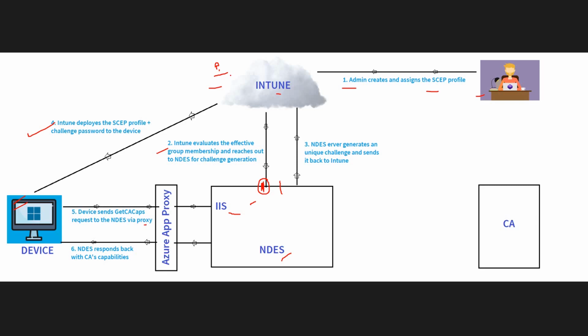So when you create a SCEP profile, you have to provide a lot of information, right? Like the subject name, the subject alternative name, etc., and it also contains the SCEP server URL. So the device receives this profile P1, which contains the SCEP server URL, a lot of other information, and the password which was generated in step 3.